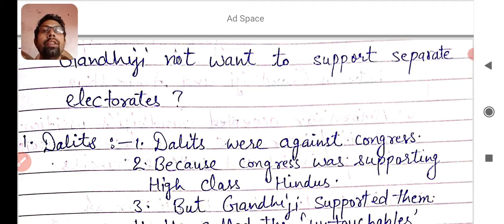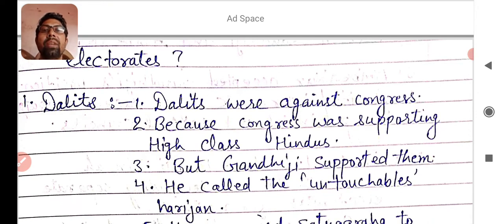Now, you know that there were some limitations of the civil disobedience movement. First, Dalits were not supporting Congress because they had some problems or requirements. So now we will discuss their problems or requirements. Dalits, now legally known as SC, Scheduled Castes in the Indian Constitution, were against Congress.